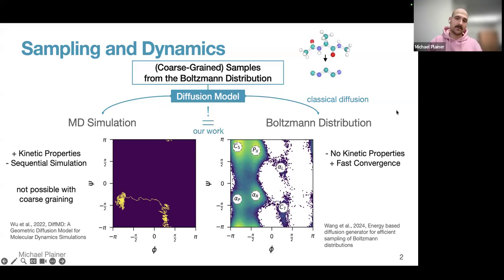But in this work, we want to propose a model that can do both: sampling from the Boltzmann distribution, the classical diffusion sampling, but also being able to use it for sequential simulation. Having such a model opens a lot of possibilities because we can quickly explore our landscape and also make use of decades of research that use forces and potential functions, like umbrella sampling and some other enhanced sampling techniques.